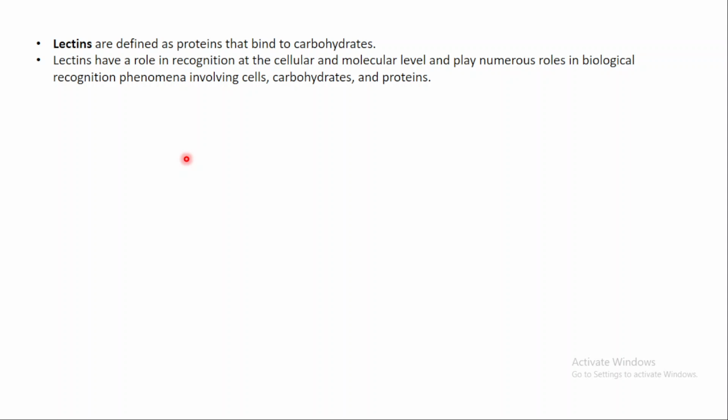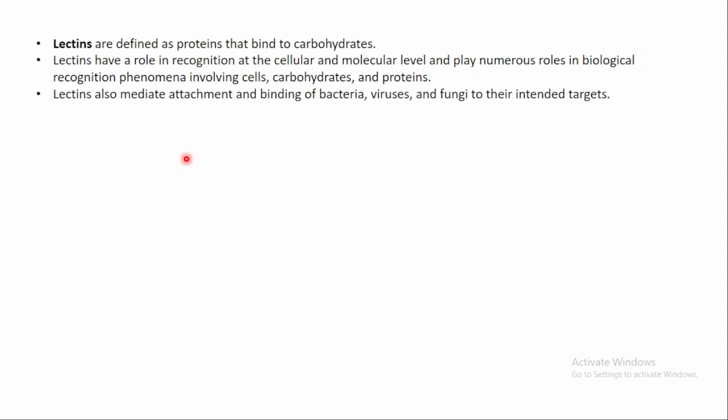Lecithin, as we discussed, is a group of emulsifying fat agents. But here, lectins are proteins. Lectin is a protein which can bind to carbohydrate. So please bear with me. This is the correct answer. I thought you might be confused.